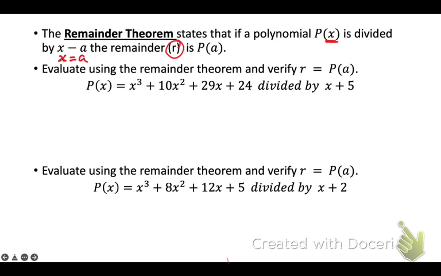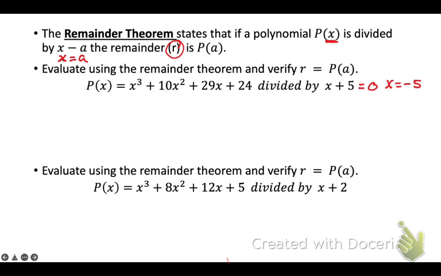Okay, so I'm dividing x cubed plus 10x squared plus 29x plus 24 divided by x plus 5. Want to use long division? No. And it's going to say use the remainder theorem. So we have to set this equal to 0. So x equals -5. Guys, if they tell you divide and x equals -5, do you have to set that equal to 0? No, if they say x equals -5 in the problem, they already did it for you, correct?